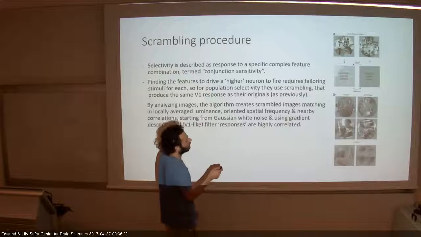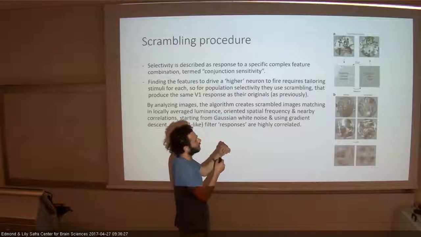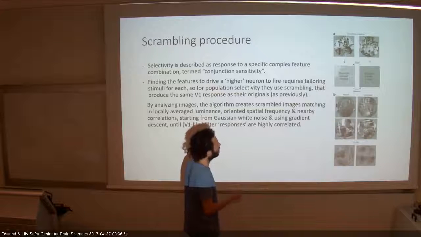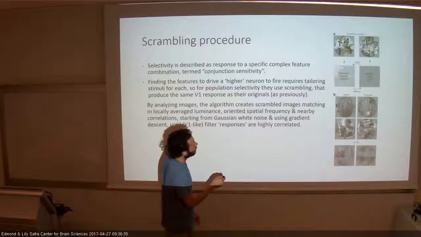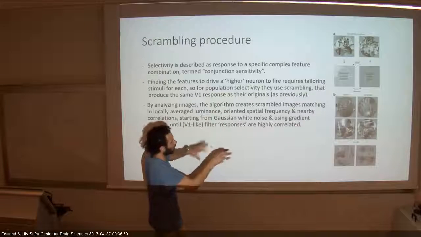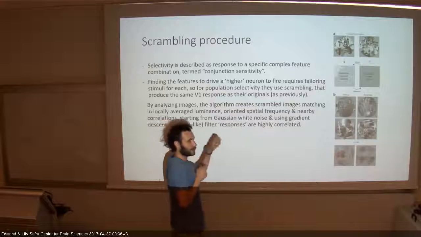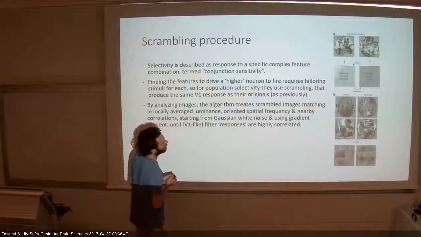We try to recreate the spatial frequencies and the orientation in each one, and also the luminance level. So again, starting from white noise, each time we try to recreate these local features again and again, but in different positions. So we assume that V1 will respond really the same, or really similar.